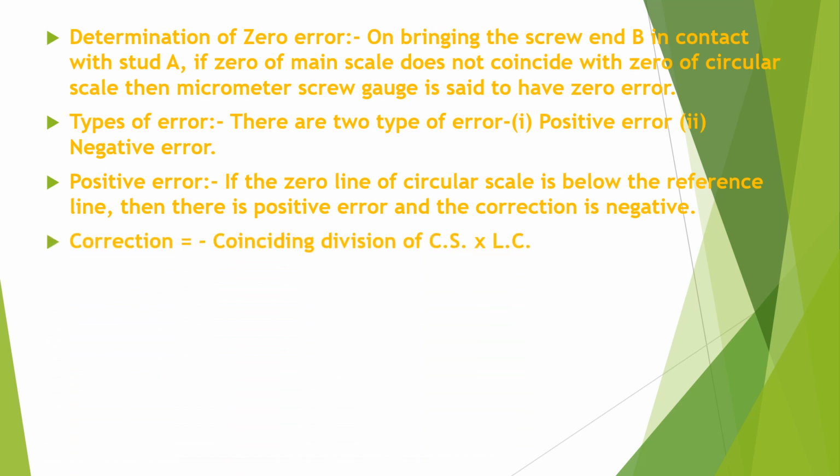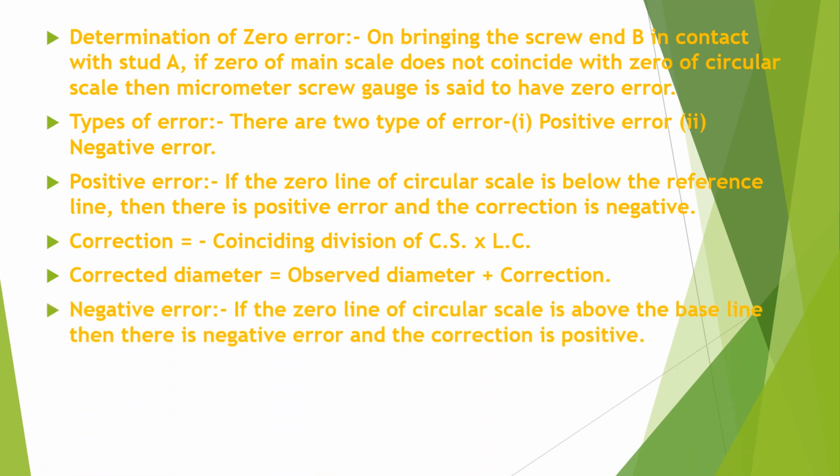Correction will be minus coinciding division of circular scale into least count. Then the corrected diameter will be observed diameter plus correction. Means if there is a positive error, then we need to subtract it from the observed diameter. Negative error: if the zero line of the circular scale is above the baseline, then there is negative error and its correction is positive.